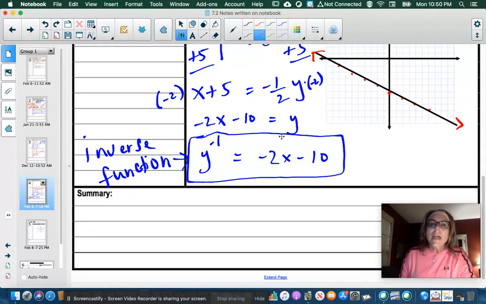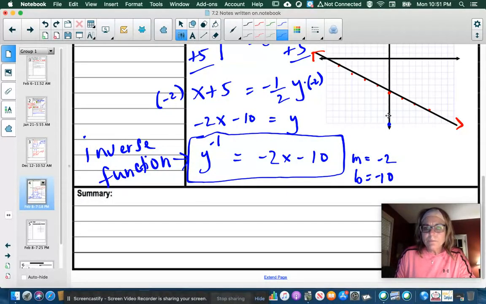Now let's graph the inverse in blue. So the y-intercept's negative 10. So that's negative 5. Then we go negative 6, negative 7, negative 8, negative 9, negative 10. And here we have a slope that's negative 2 and a y-intercept of negative 10.